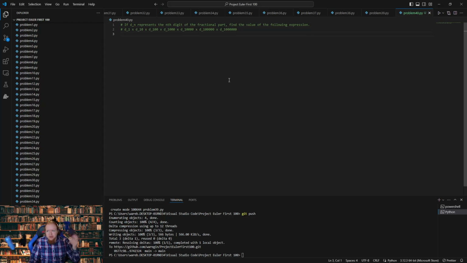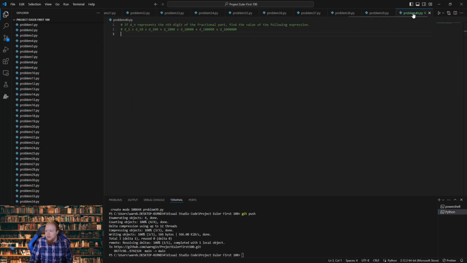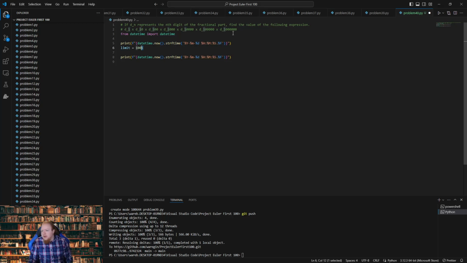So that's our strategy: make our string at least 1 million characters long, and then do this multiplication. Let's go ahead and get started here. We'll copy over this limit as well, because we are going to need that, but instead of 1,000, it needs to be 1 million.